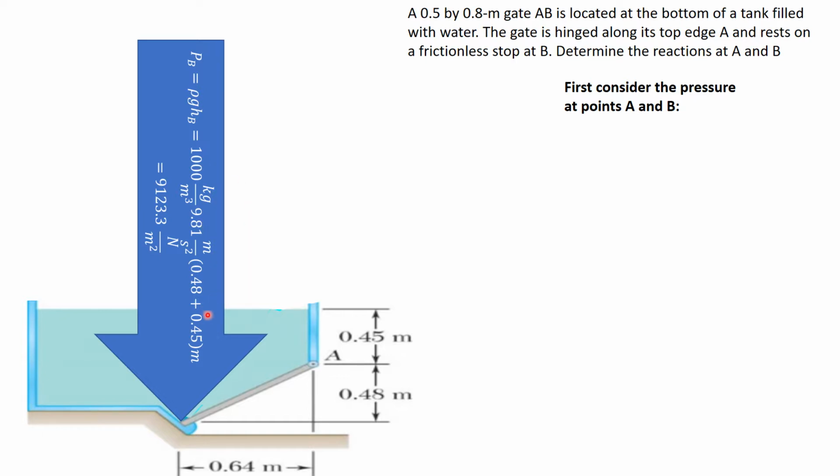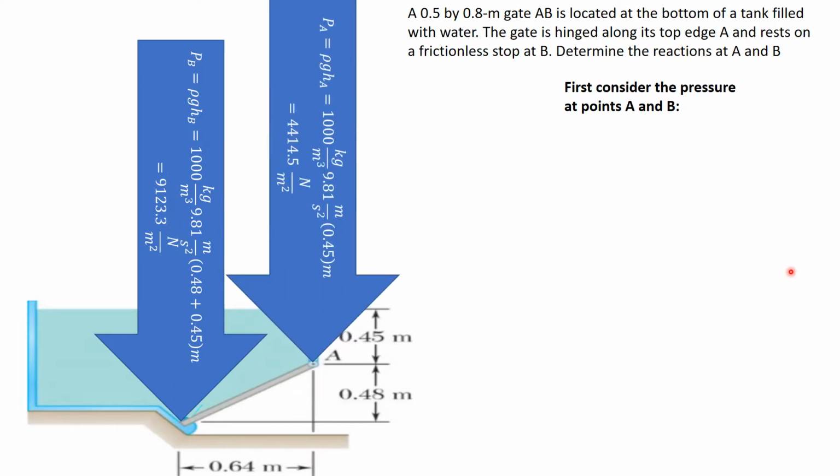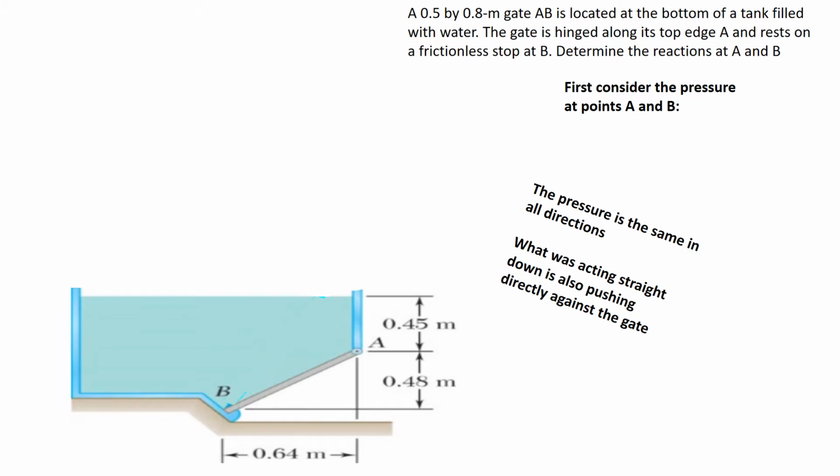So rho gh, and we have the pressure acting at this point down here. Next up, the pressure at A. This one is a little bit shallower, right? It's a little bit smaller. Same thing, rho gh, 1,000 kilograms times g, only now we're only 0.45 meters down, so we have a smaller pressure acting over there.